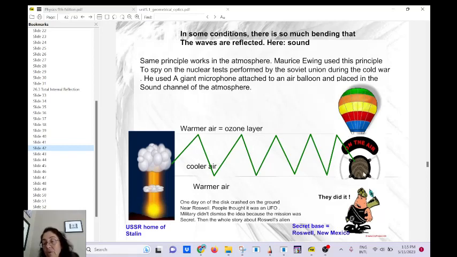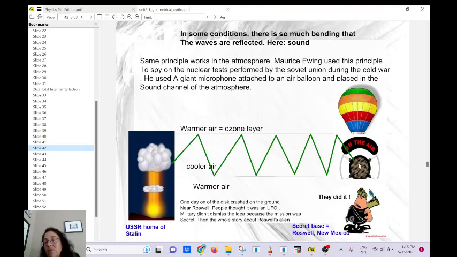So if you put a microphone, and that's what they did, they could spy on the Soviet Union, right? So if there was an explosion, the noise would be trapped inside that sound channel, and you can collect that sound here.